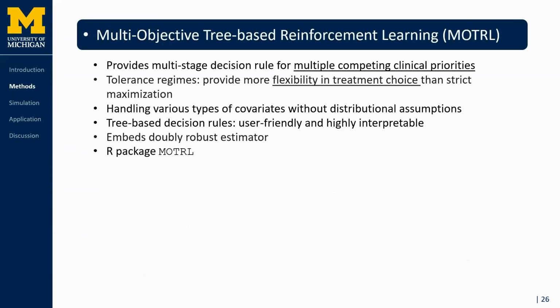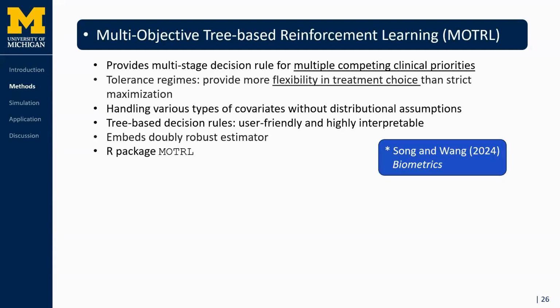Also the final output is user-friendly and very interpretable, and it embeds the doubly robust estimator against model misspecification. And we have an R package for that. I do not want to go into technical details, but I want to mention this because in many real applications, they have multiple outcomes they want to balance together.